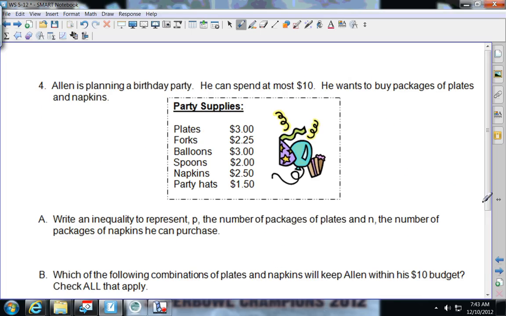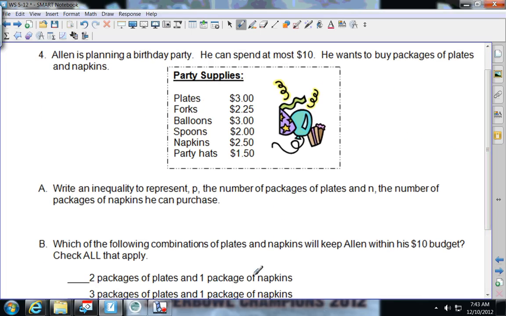Number 4. Alan is planning a birthday party. He can spend at most. What is at most? Less than or equal to $10. He wants to buy packages of plates and napkins. So the only information we need are the plates and the napkins.